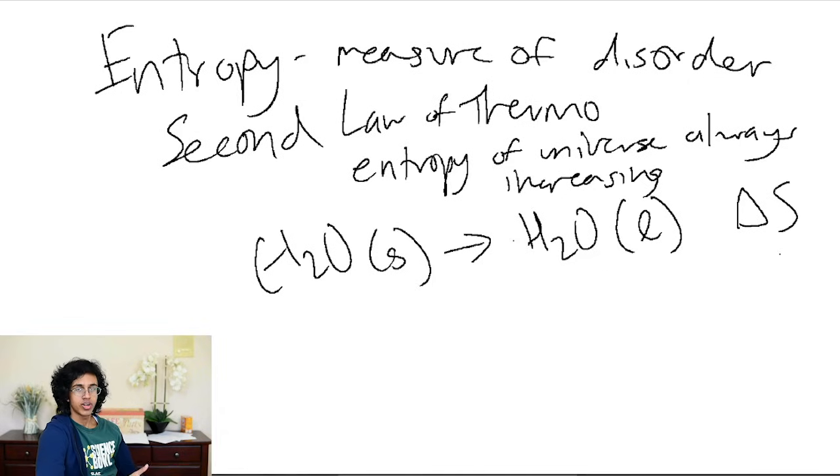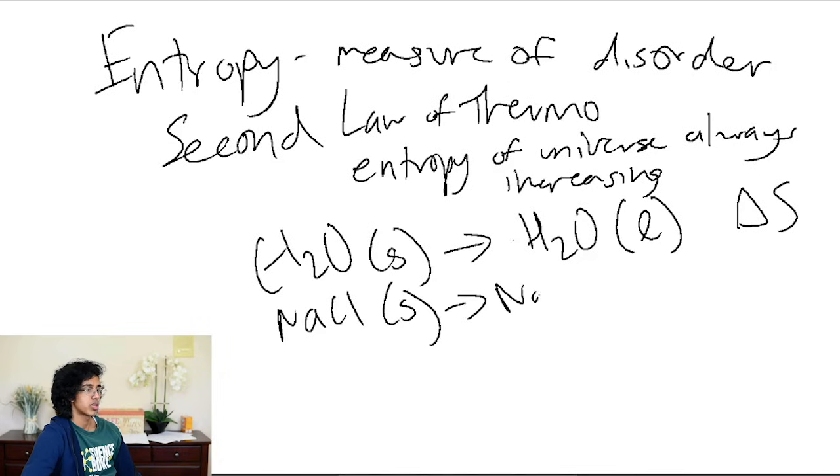So if you're going from lower entropy to higher entropy, your delta S is going to be positive. Let us say that you go from NaCl solid to Na+ and Cl-. What's the delta S of this? This is also positive because once you dissolve something, it's way less ordered. A crystal is way more ordered than a bunch of separated ions floating in water.